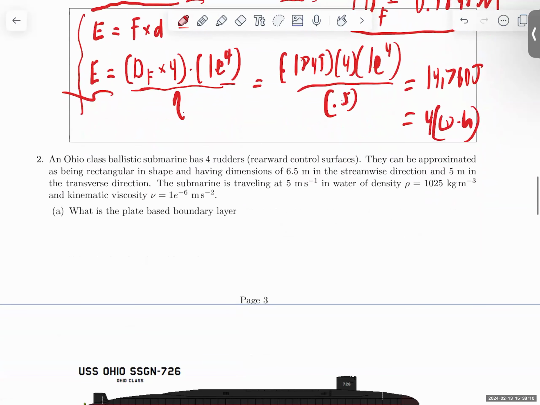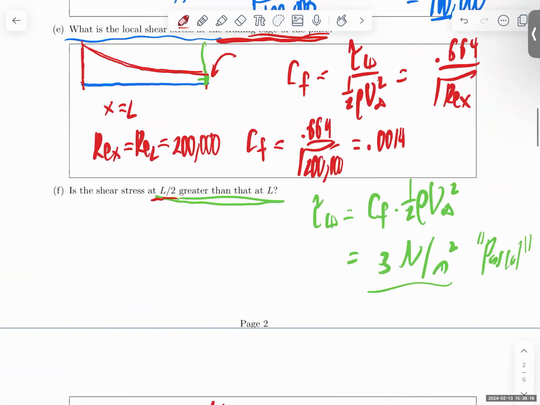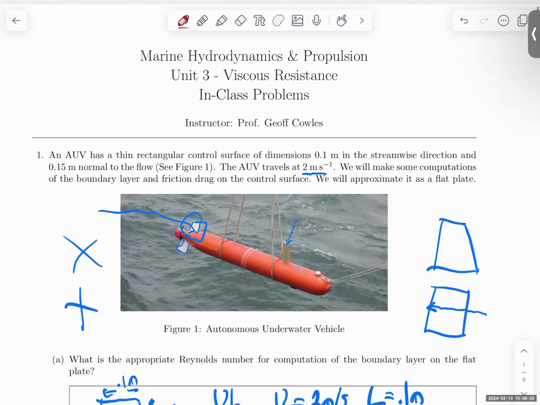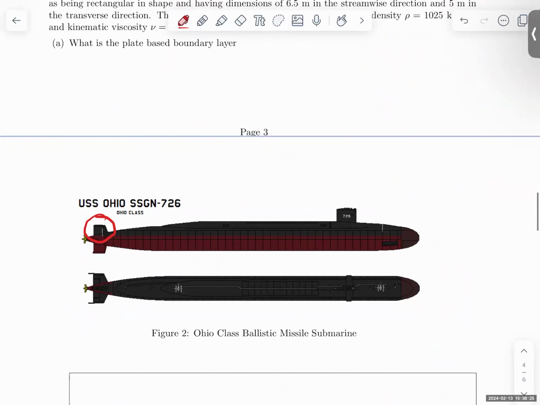We'll start off on Thursday talking about an Ohio class sub. They have very similar looking control surfaces. An AUV is essentially like a mini submarine in a lot of ways. They use an X configuration; the Ohio is a plus, I guess. Yes, the Virginia is an X. Anyway, it doesn't matter.